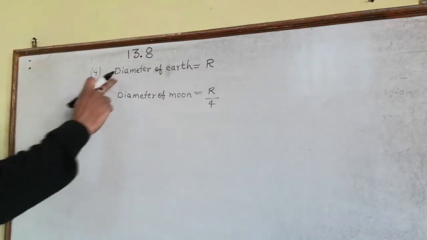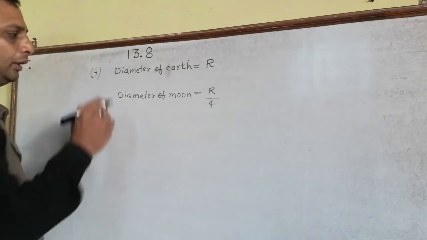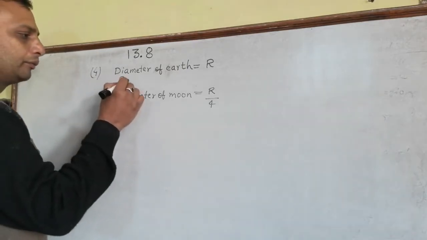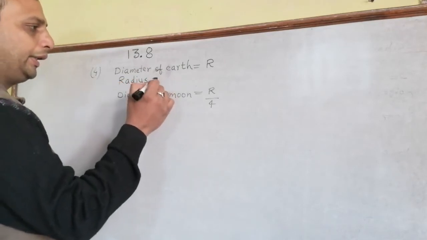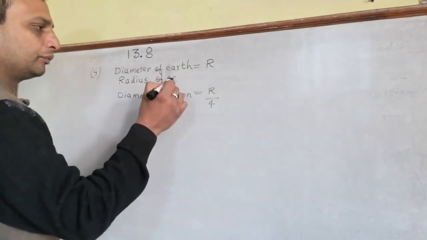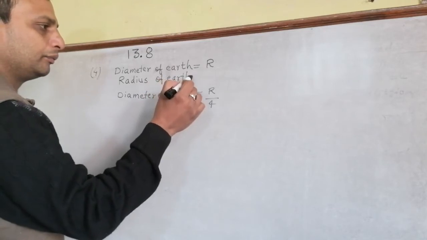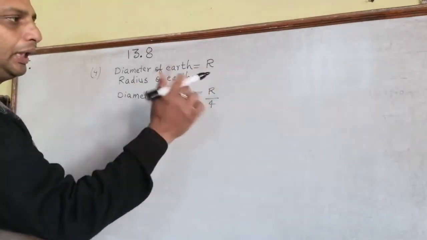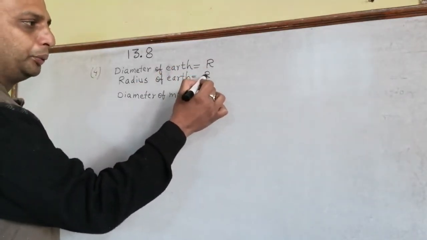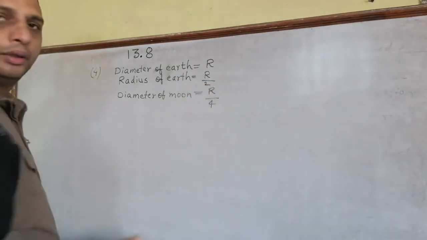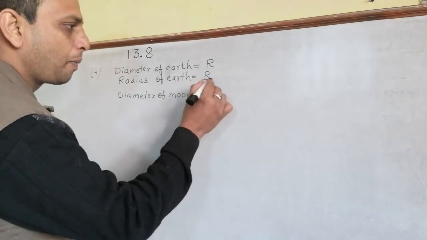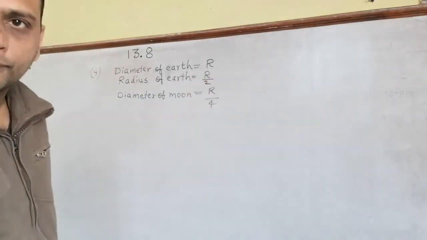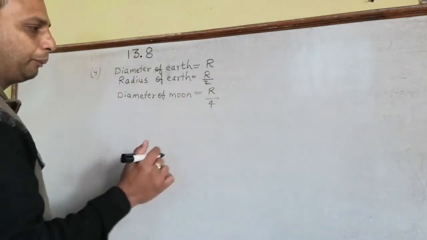Now what will the radius be? Radius of the earth: if the diameter is R, the radius will be half of the diameter, R upon 2. And the diameter of the moon is R upon 4.